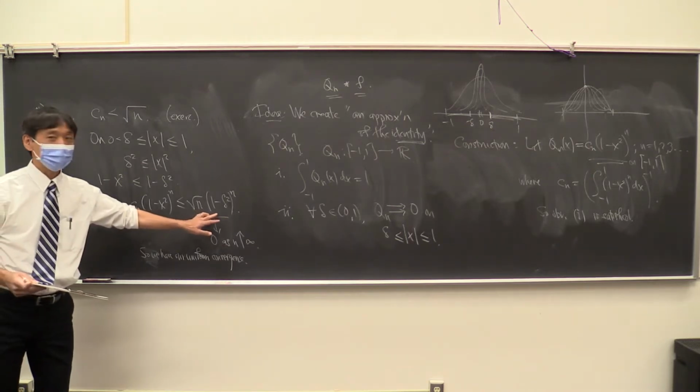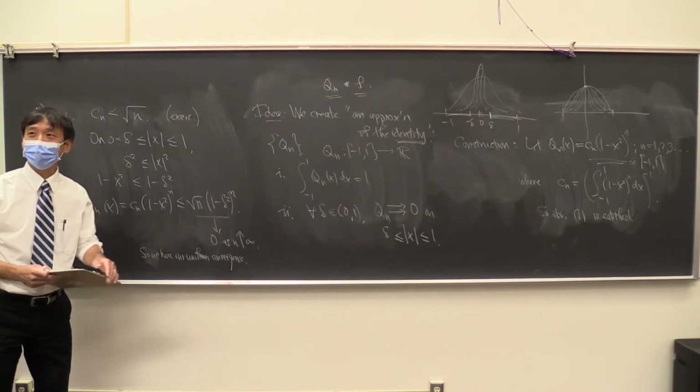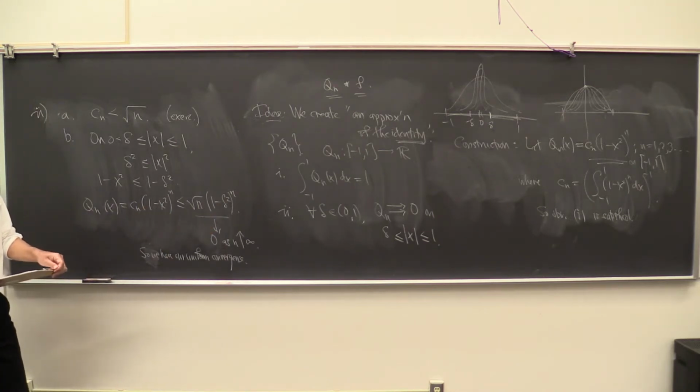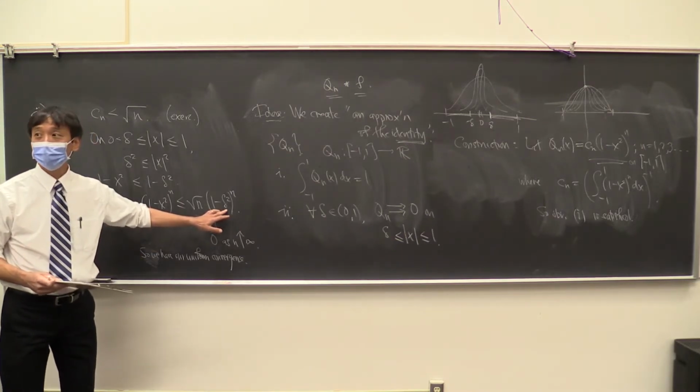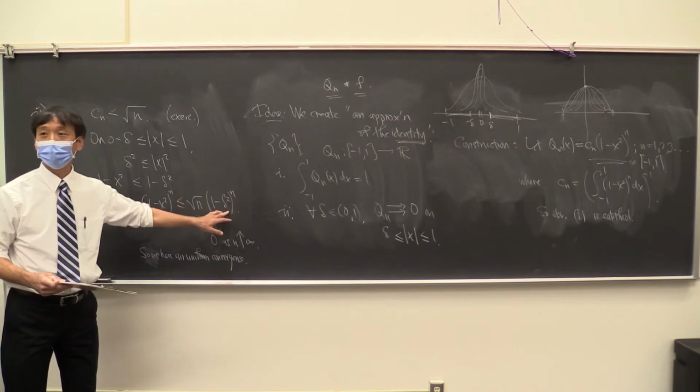You can, if you want, see this by L'Hopital's rule or something like that, if it's not clear. Right. You've got this thing that's smaller than 1, and you're raising it to the nth power.